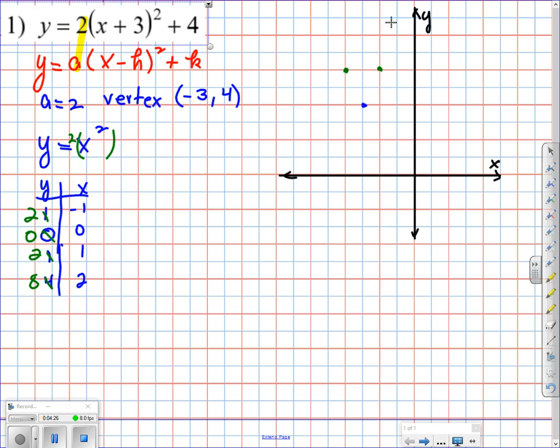So it'll be somewhere over here. Now when you graph that, your graph should look something like this.